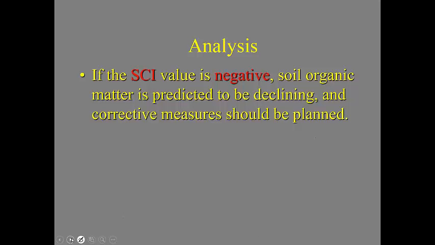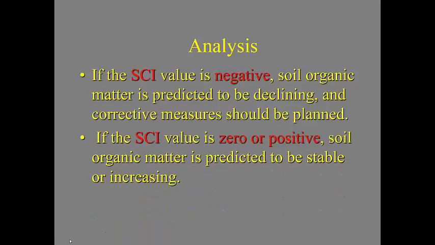One of the outputs that we can get from RUSLE2 is the SCI. The SCI is really qualitative. It's not quantitative. But what it's going to do is give you a negative value, which means that we're trending down on organic matter, versus if we have a 0, meaning that we are not going to have any change, then versus a positive number, meaning that we're trending upward in organic matter.